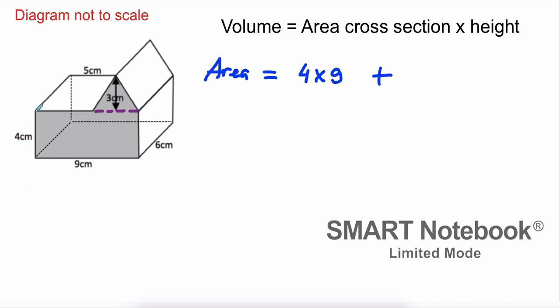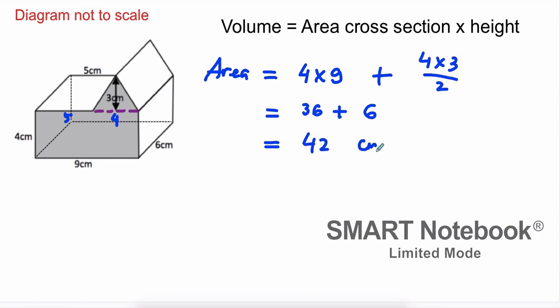So the area of the cross-section is the area of the rectangle, which is 4 by 9, added to the area of the triangle. Here is 5 and here is 4. It's not to scale. The area of the triangle will be the base times the height divided by 2. So we'll have 36 plus 6, so 42 centimeters squared.